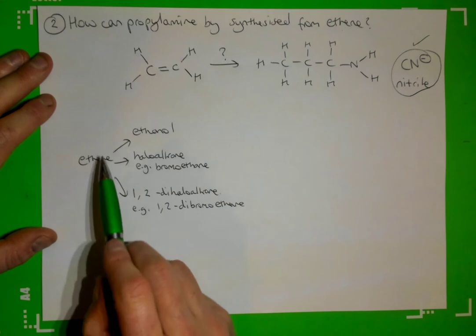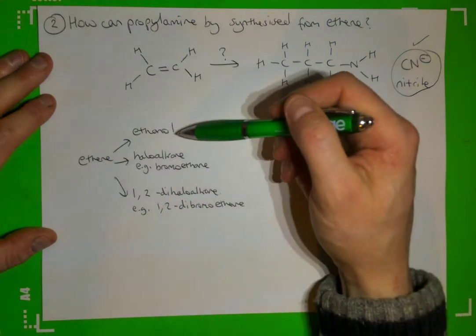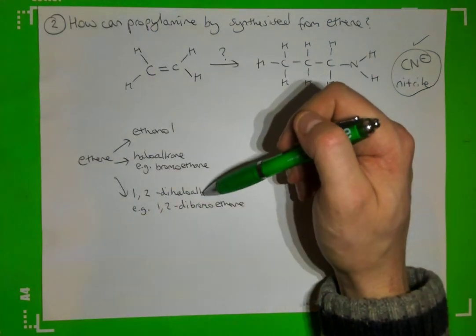We know that alkenes can be made into alcohols, haloalkanes and dihaloalkanes.